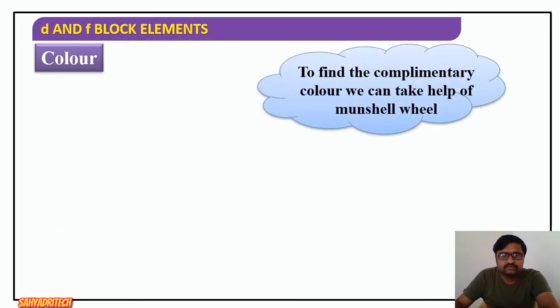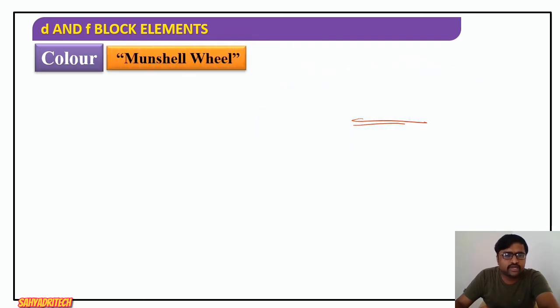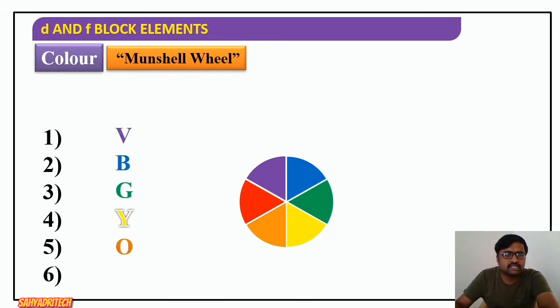To find the complementary color, we can take the help of Munsell's wheel. What does that wheel suggest? If you look at Munsell's wheel, as we said, VIBGYOR. Omitting indigo, I am considering 6 colors: violet, blue, green, yellow, orange, and red, with violet and indigo merged.